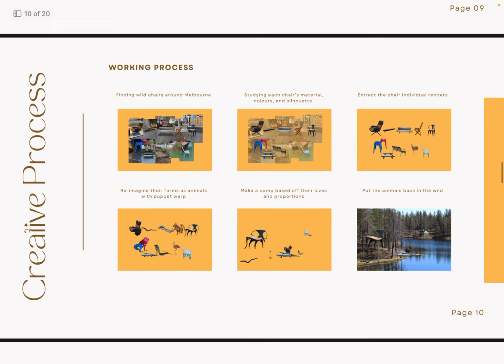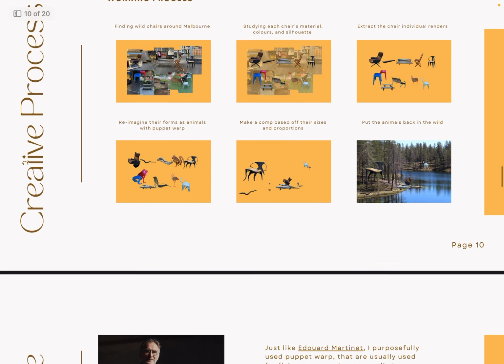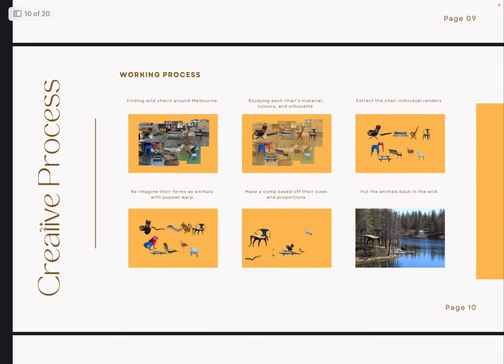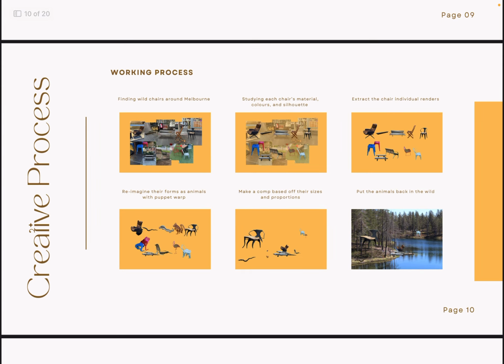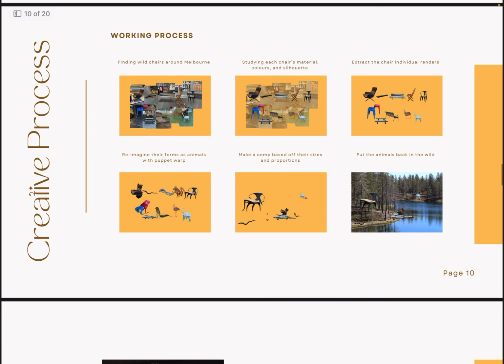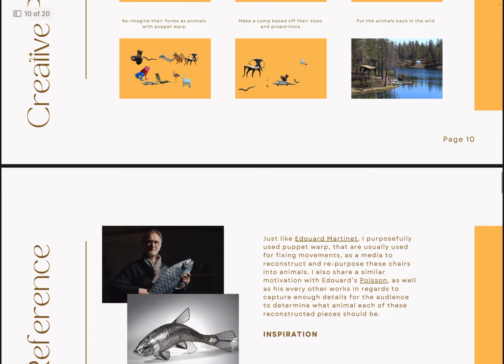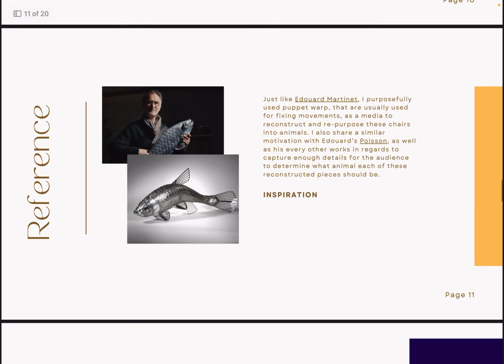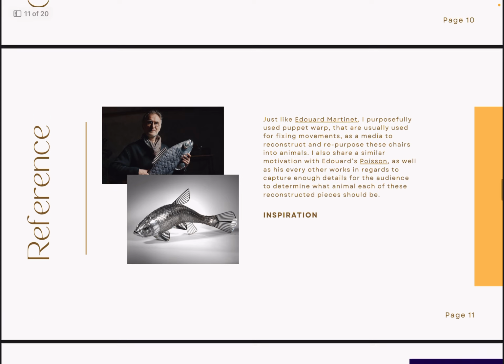This is my favorite topic for the whole CPS course, and I look forward to expanding on it in the future for sure. This is a big reference from Edouard Martinet. He used a lot of spare parts from engines to recreate animals as well.